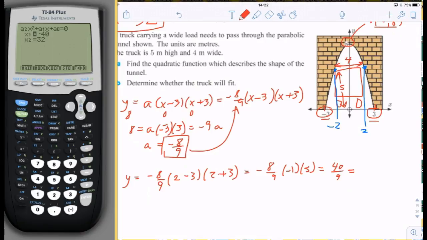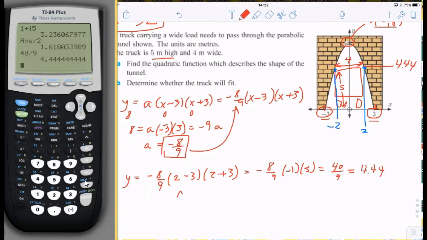And so 40 divided by 9 is equal to 4.44, which is not tall enough, right? Because the truck is 5 meters high. At this point here, the height of the tunnel is 4.44.